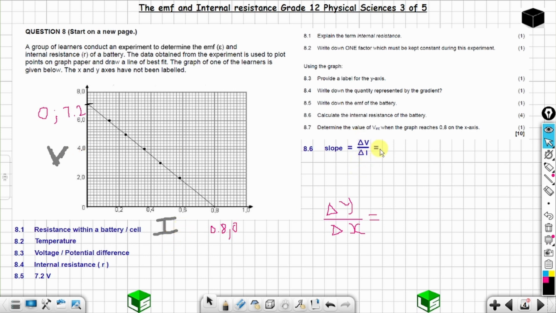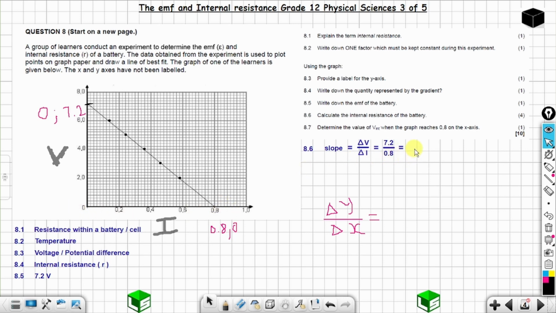You can use the 2 points, or you can use the change in the y, which is the change in the voltage. So from 0 to 7.2, the change is 7.2, over from 0 to 0.8, the change is 0.8.